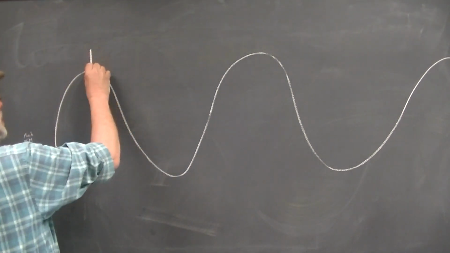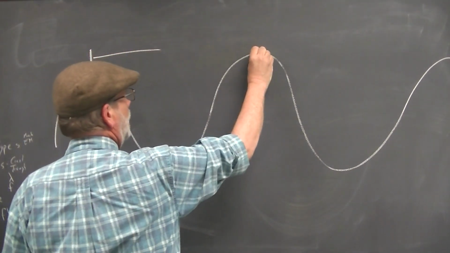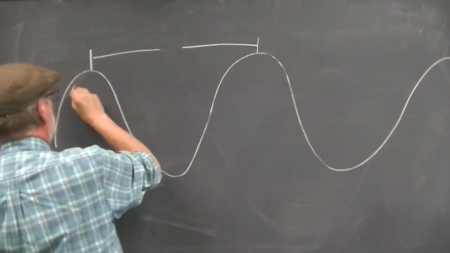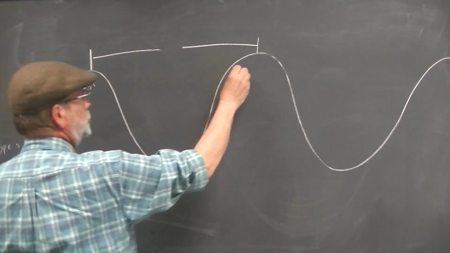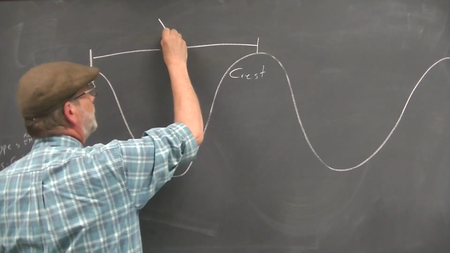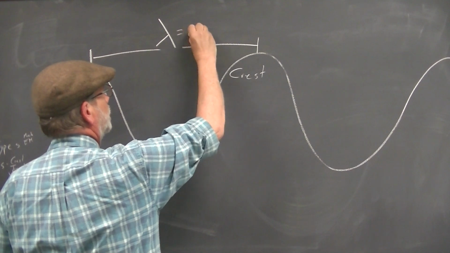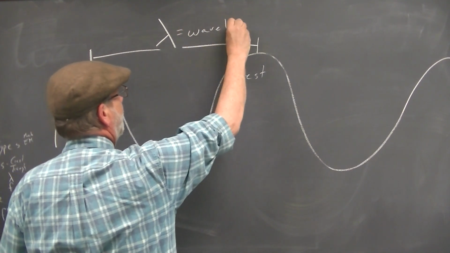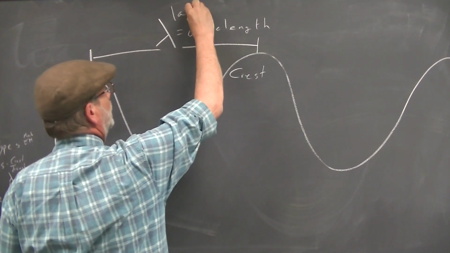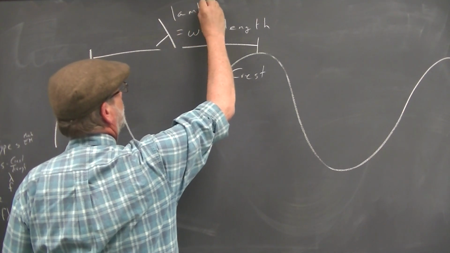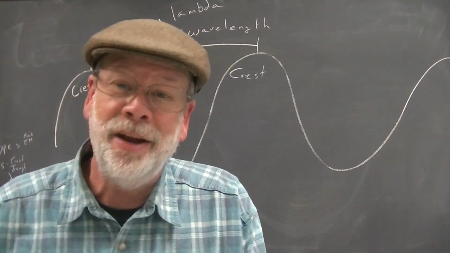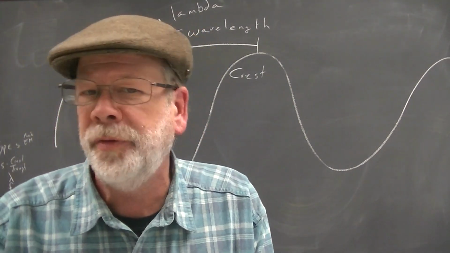The distance from here to here, from one crest to another crest, is a wavelength. And this is the Greek letter lambda. Lambda will always stand for a wavelength from now on for the rest of physics.